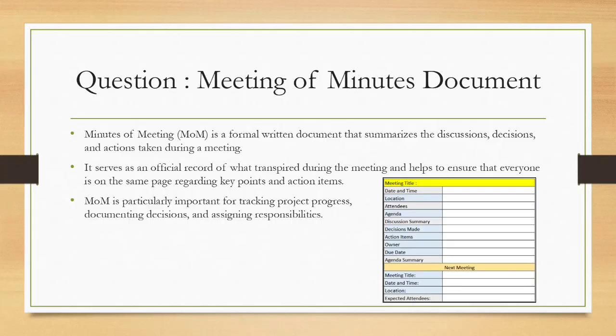We write down whatever tasks we are going to do today, and whatever tasks we have done also. So in this minutes of meeting we will be mentioning what is urgent and what tasks you are going to do.